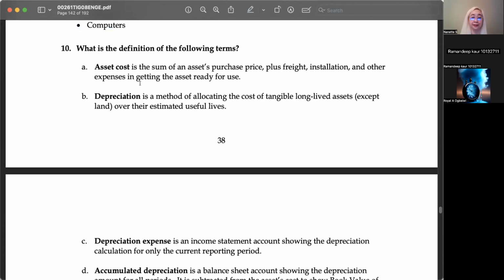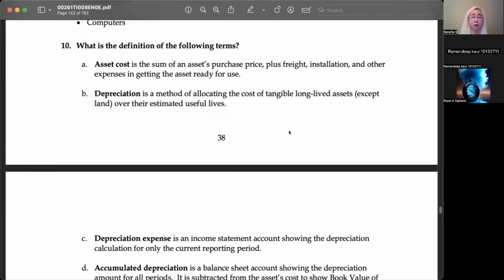Right. Okay, I'll ask Raman to read depreciation. Depreciation is a method of allocating the cost of tangible long-lived assets except land over their estimated useful lives.